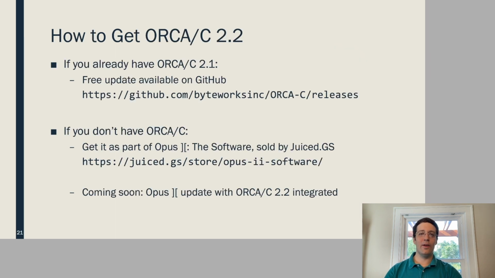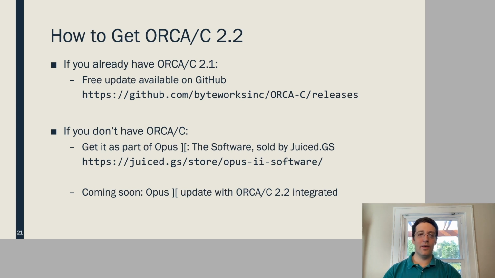So now, how do you get ORCA/C 2.2? Well, if you already have ORCA/C 2.1, then it's available as a free upgrade that you can download from the GitHub site for ORCA/C, which is linked right there. If you don't have ORCA/C, or don't have ORCA/C 2.1, then you can get it as part of Opus 2, which is that collection of ByteWorks software that's now sold by Juiced.GS.